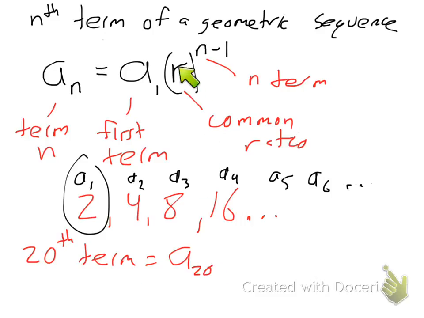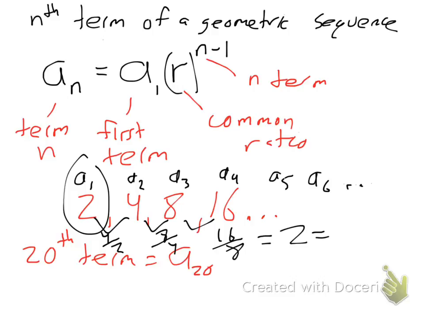So if I can find r, I'll have a formula that I can use. What is the common ratio? It's 4 over 2, 8 over 4, 16 over 8, which is 2. The common ratio is 2. So, very generically, a sub n would be 2 times 2 to the n minus 1. That's your formula.